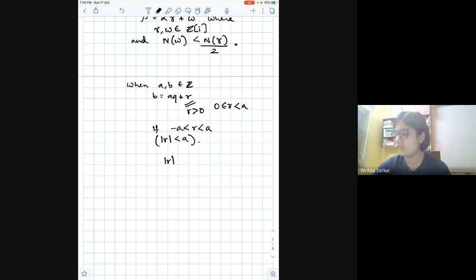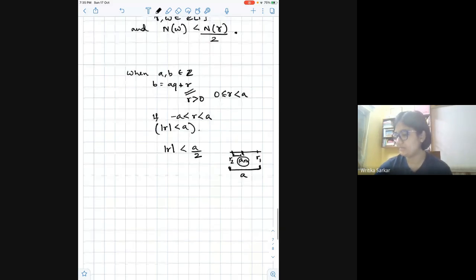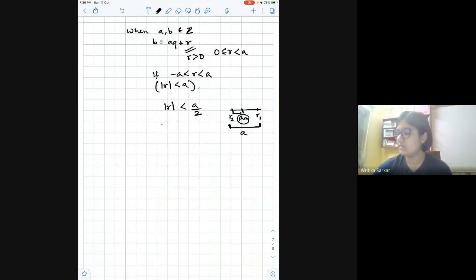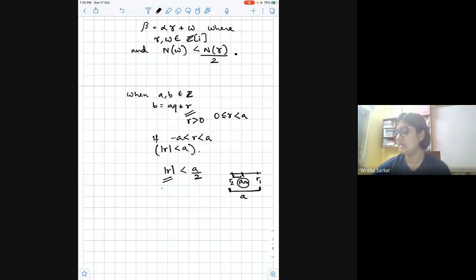Then definitely the absolute value of r is going to be at most a by 2, because you have a multiple of a here, some am, and there's some r1 here and some r2 here. The distance between these is a, so the one that's closer to a multiple of a is going to be at a distance less than a over 2. So if you're just using absolute value, this statement holds for the integers as well.